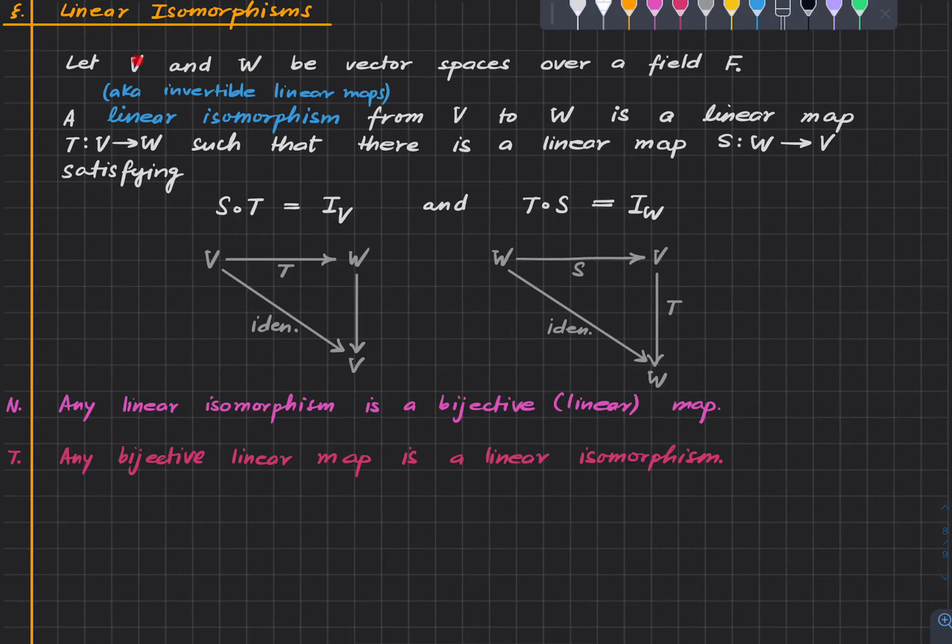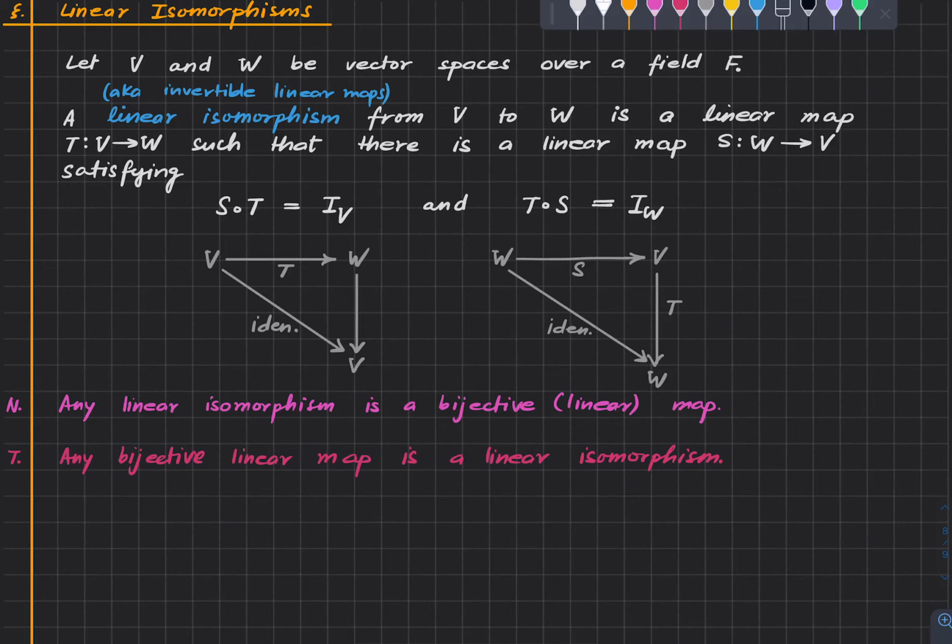So T is in some sense just changing the names of V and making it look different, but the behavior amongst the elements of V is the same as the behavior amongst the images of the elements of V. So a linear isomorphism gives you a recipe to think of elements of V as elements of W. A linear map may be losing information, but a linear isomorphism preserves information. So information preserving linear maps are linear isomorphisms, if that makes sense.